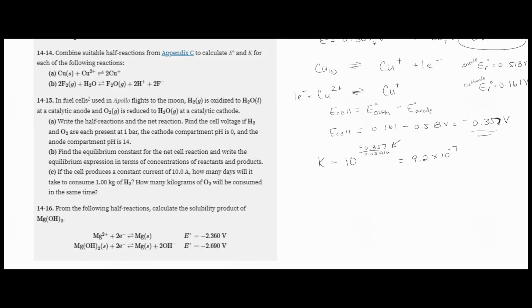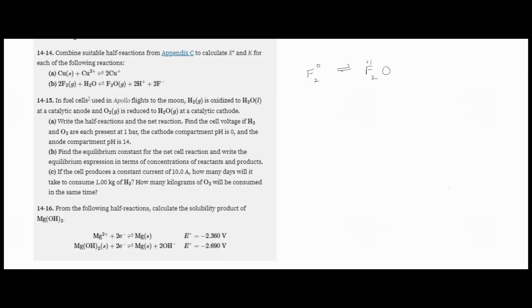For B, we're going to do something very similar. We need to find what's being oxidized and what's being reduced here. So I have my F, which starts as a 0, and then it becomes F2O, that's a +1.